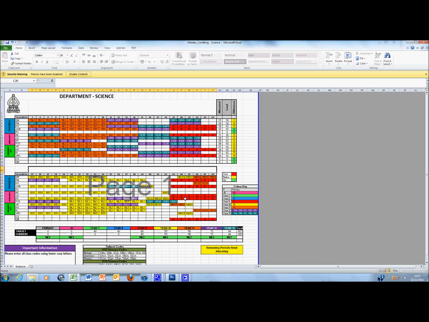Year 7 and 8 have so far not been entered onto this combing chart, and that would be possible. For example, looking at Year 8 for 5 periods across a fortnight cycle, let's assume that NC will be picking up 5 periods of 8C.